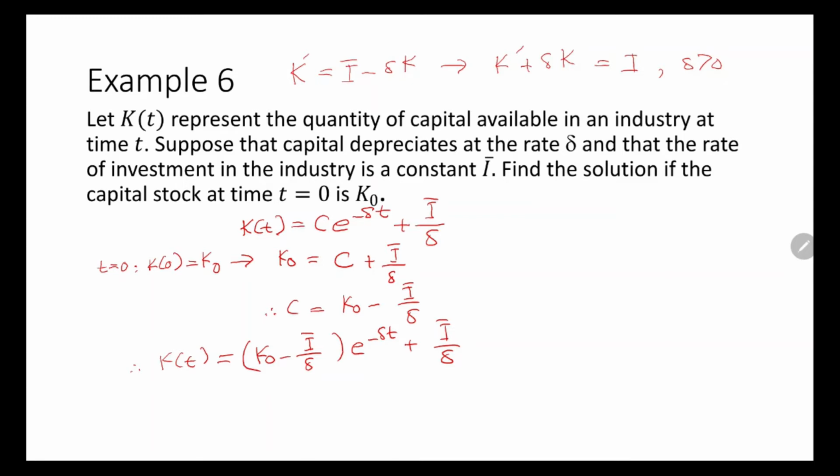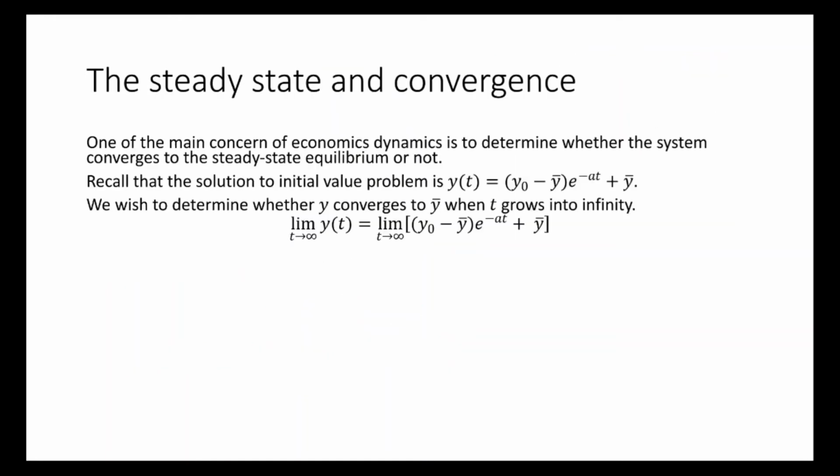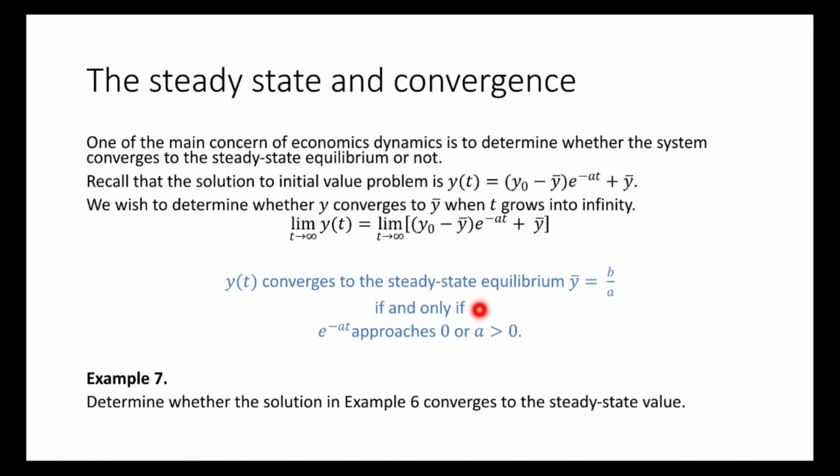So A here is delta, and delta is positive. What does it mean? It means the solution will converge to the steady state value, equilibrium. So the answer for this example is yes, it will converge to the steady state value.